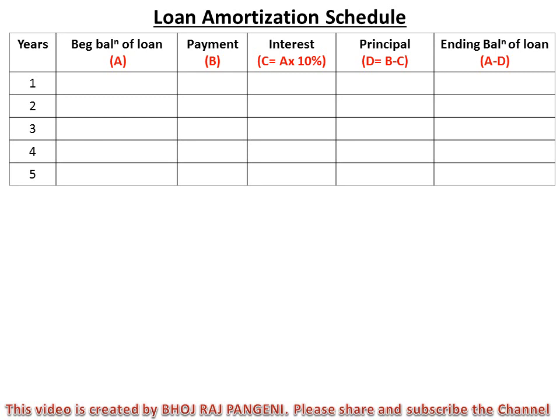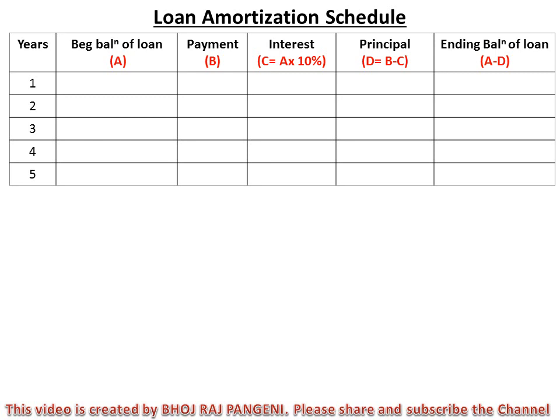And put the value of payment for all years, because the payment is calculated and the payment is always equal. We say equal annual installment payment. Equal annual means every year, equal means every year it is equal, so we can directly put the value of payment for all years at once.